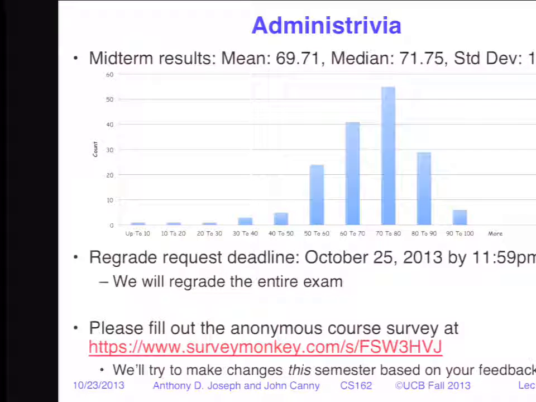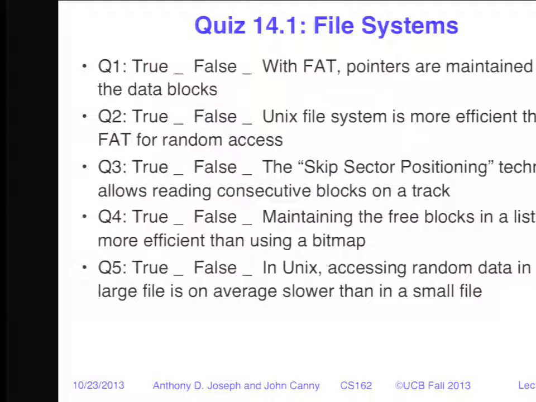Okay, so quiz. You haven't had enough tests in this class. All right, so we've got 5 quiz questions to think about. First one, with the file allocation table, pointers are maintained in the data blocks. Second question, Unix file system is more efficient than file allocation table for random access.